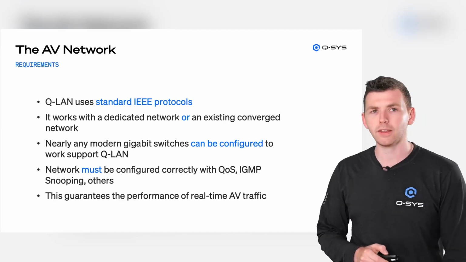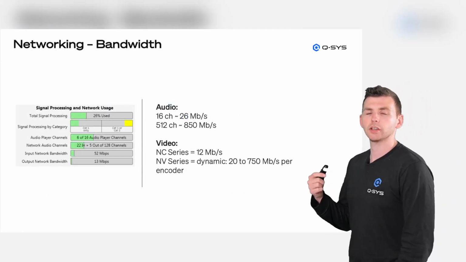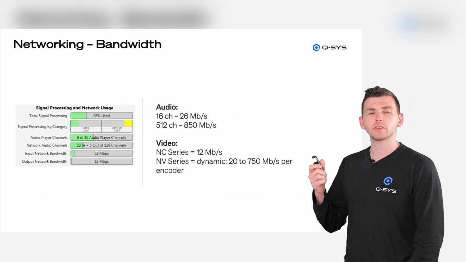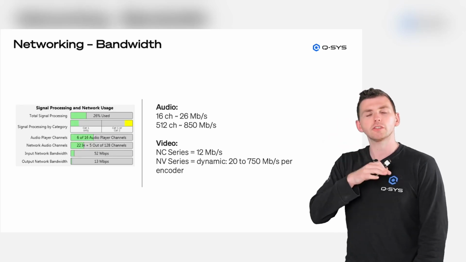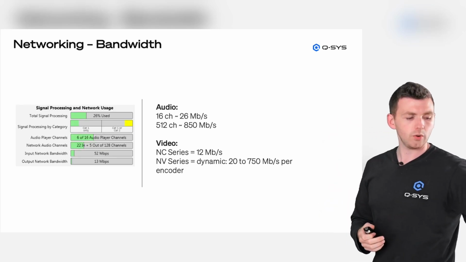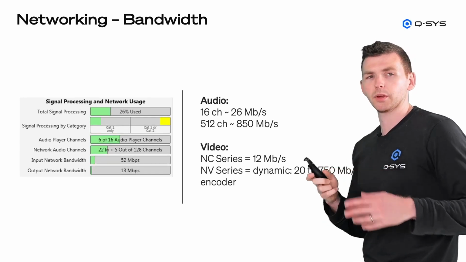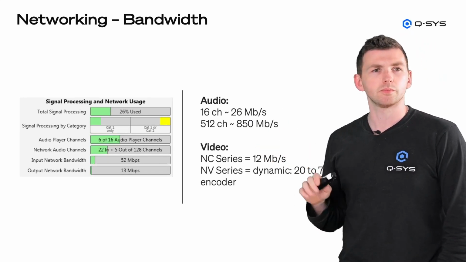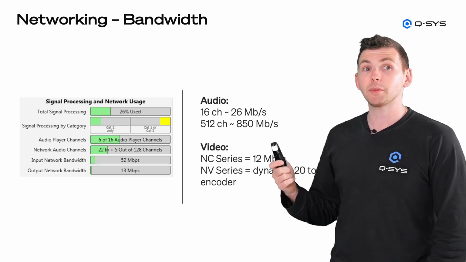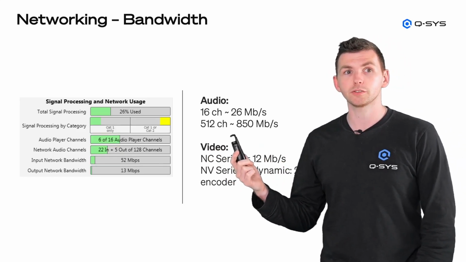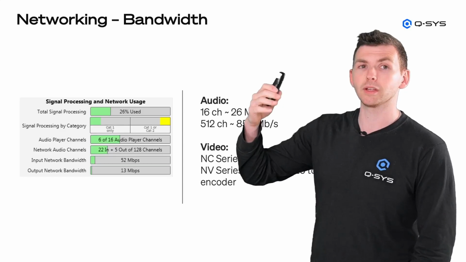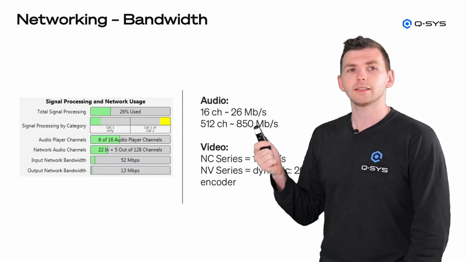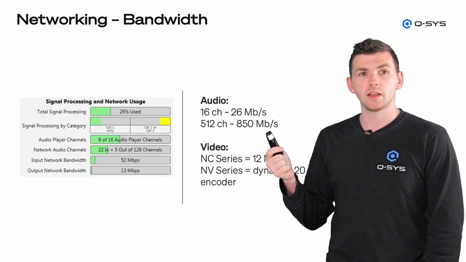A quick note on bandwidth. Okay, again, we're going to go into much more detail on this in other trainings, but just to give you an idea, audio is not particularly high bandwidth. 16 channels of audio is about 26 megabit per second, roughly. So that means 512 channels of audio, which is the maximum we can do on the biggest Q-SYS core, is about 850 megabit per second.